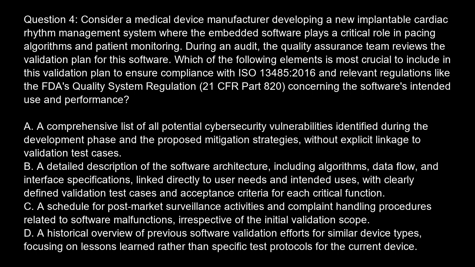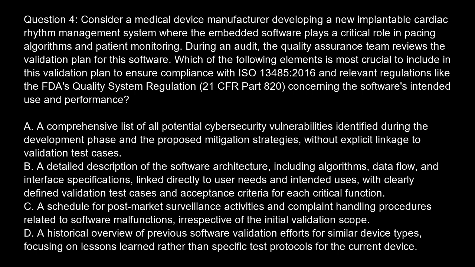Option A. A comprehensive list of all potential cybersecurity vulnerabilities identified during the development phase and the proposed mitigation strategies, without explicit linkage to validation test cases. Option B. A detailed description of the software architecture, including algorithms, data flow, and interface specifications, linked directly to user needs and intended uses, with clearly defined validation test cases and acceptance criteria for each critical function.